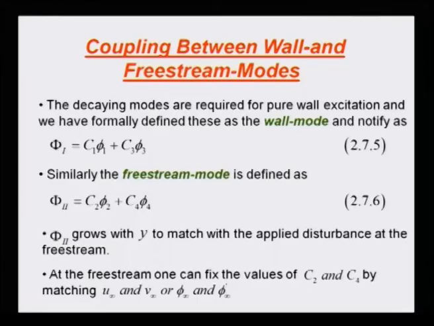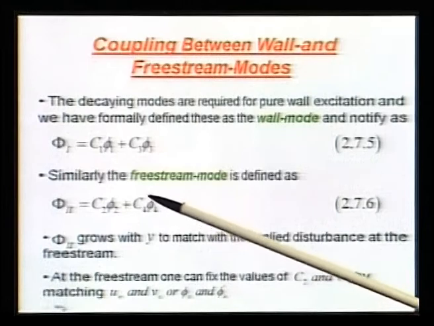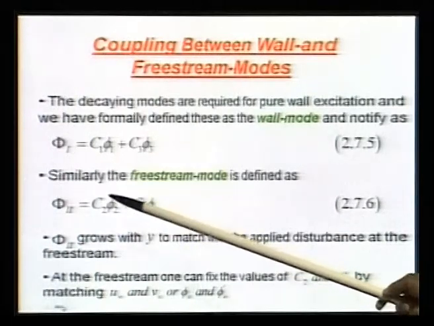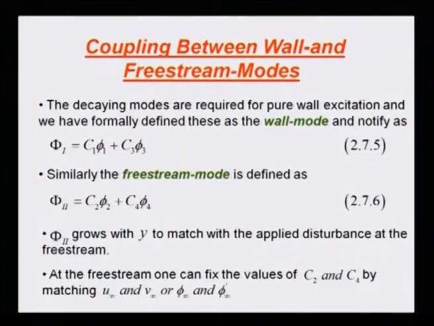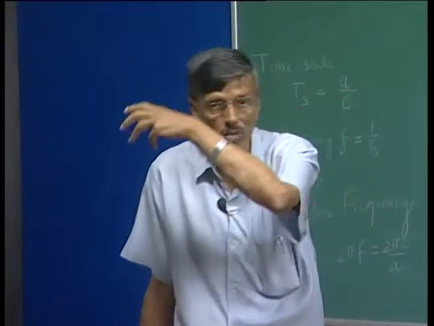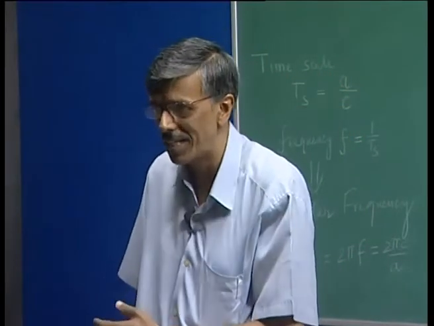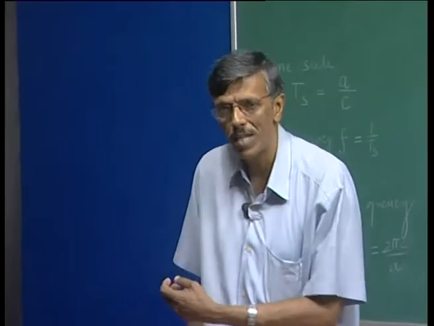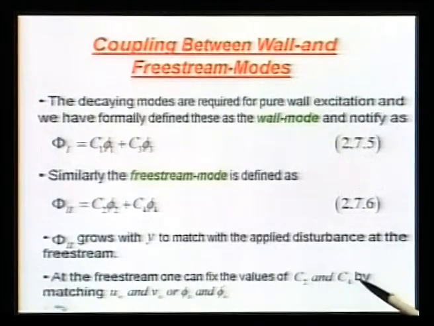So if I tell you what those disturbances are at the free stream, I have basically phi 2 and phi 2 prime in terms of u infinity, v infinity we just now calculated. So we can immediately obtain C2 and C4, right?